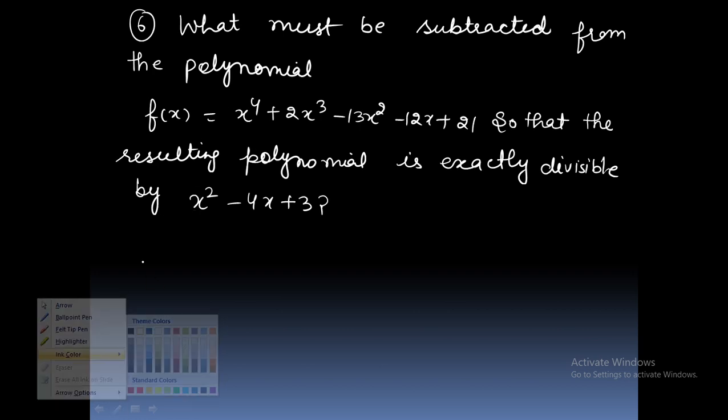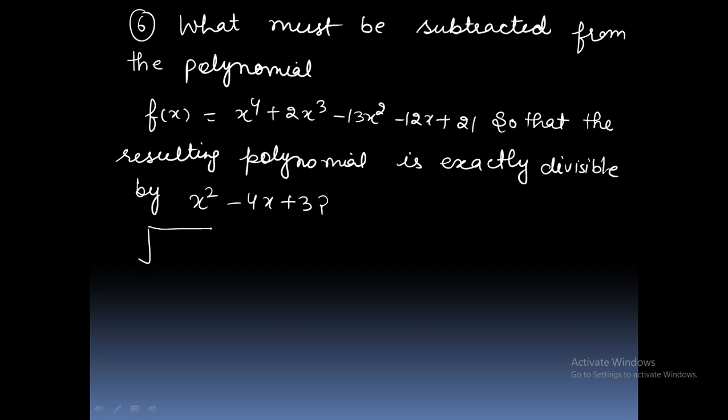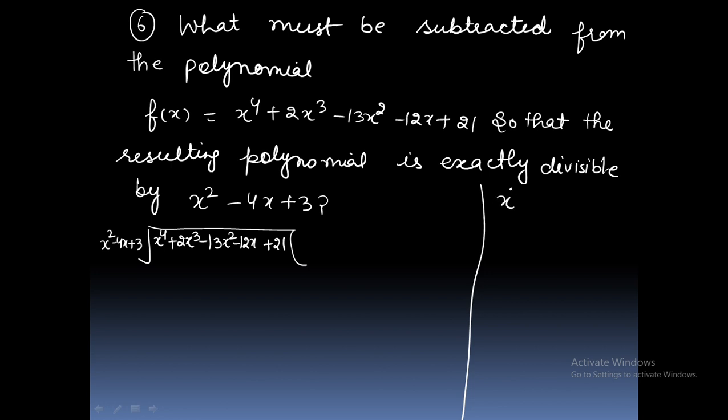We have to write here in small size so that all the solution can fit on this page. Minus 12x plus 21, x raised to power 2 minus 4x plus 3. For solving this question, we take x raised to power 2 minus 4x plus 3.